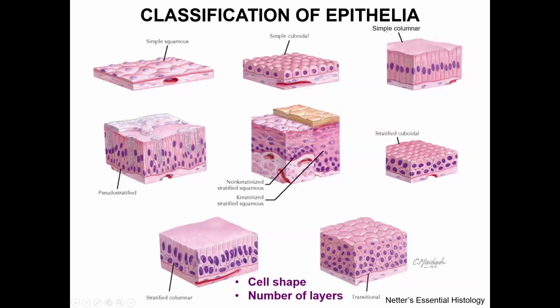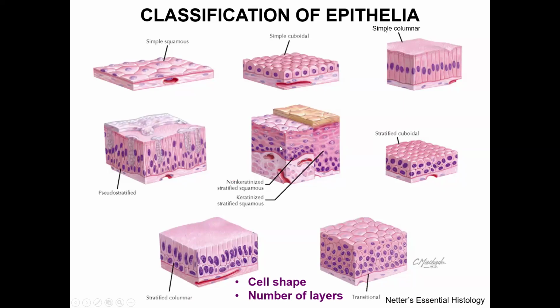The basal layer contains the cells that divide, and as they divide, they reproduce each other and replace the cell in the basal layer, but the other daughter cell is pushed upwards and advances towards the surface of this stratified squamous epithelium. And this one can be of two types.